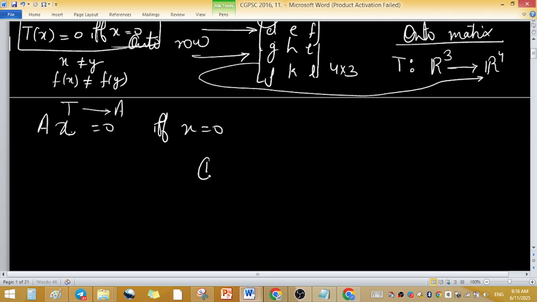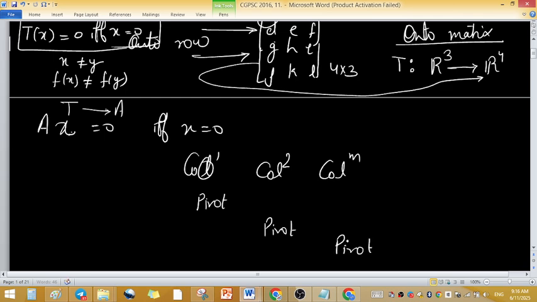If each column, suppose column 1, column 2, column 3, contains a pivot element, then A x equals 0 only when x equals 0, because there is no free variable.